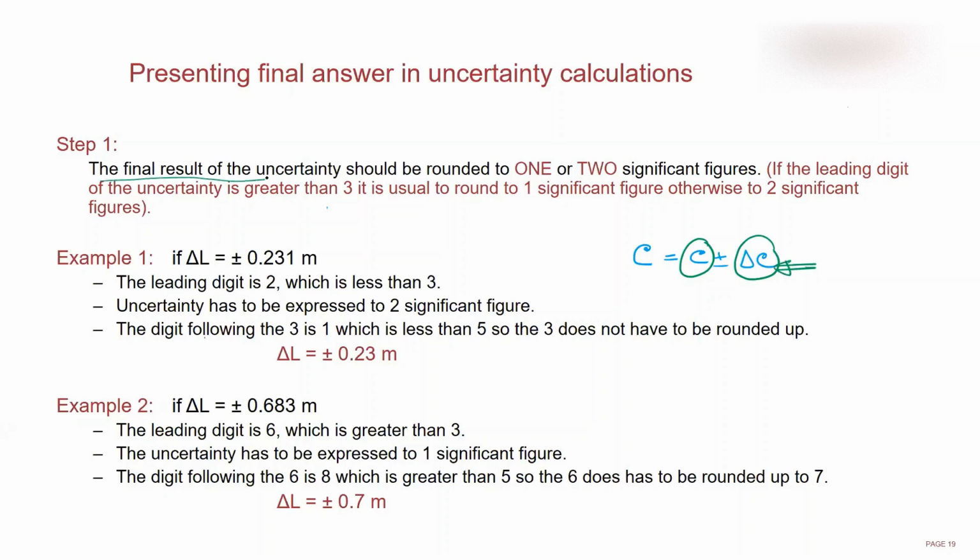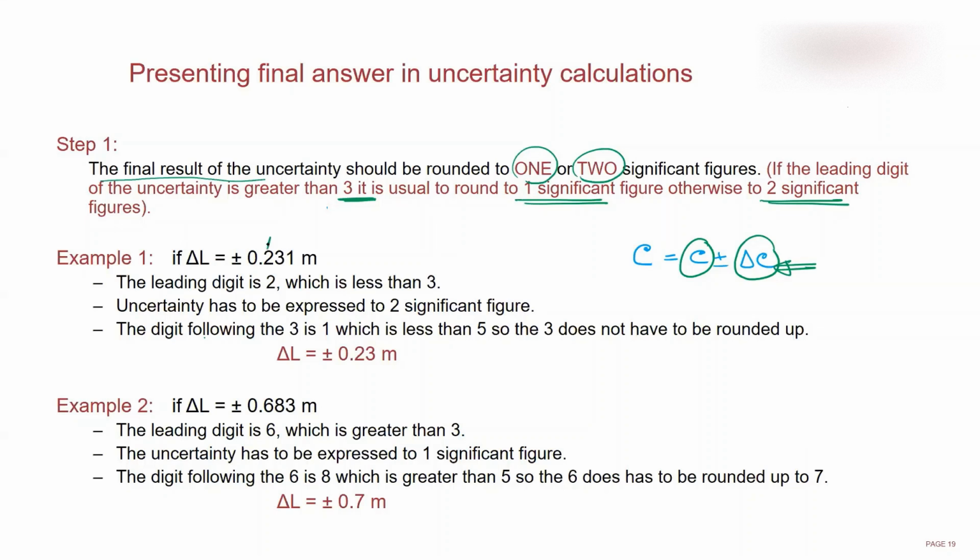The final result's uncertainty should be rounded to 1 or 2 significant figures. If the leading digit of the uncertainty is greater than 3, we keep one significant figure, otherwise we keep two significant figures. The leading digit of the uncertainty is the first non-zero digit at the left.